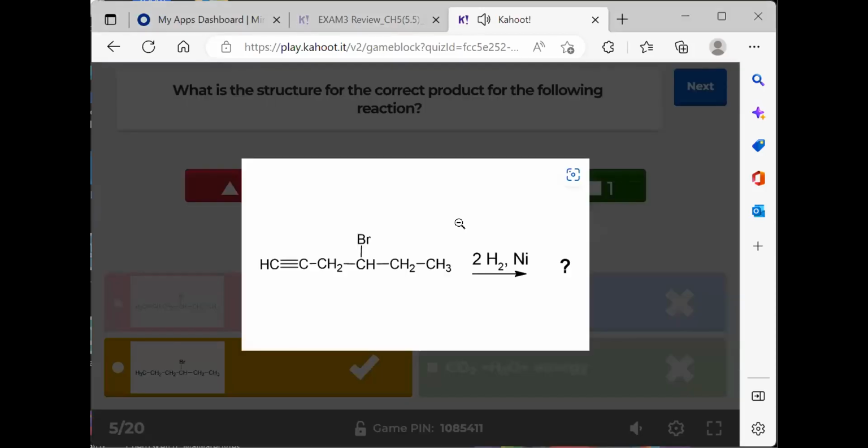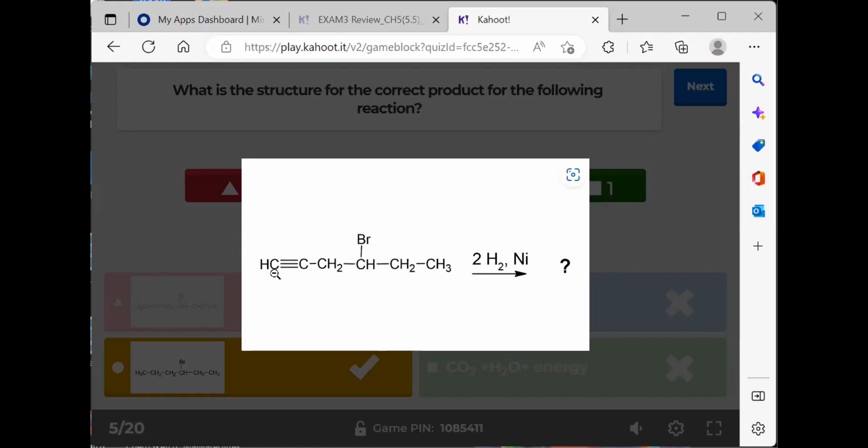So this is what I was mentioning to you guys. Overall, what we need to remember here is that we start with an alkyne. This alkyne happens to have a bromine in it. So overall, where we have the triple bond, each of those carbons are going to have hydrogen.